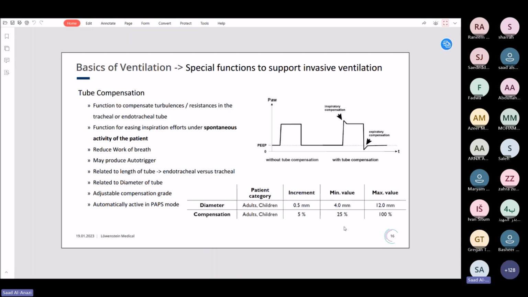As you see on the right side, we have the waveform without tube compensation, and with tube compensation the inspiration effort is easier and faster for the patient.